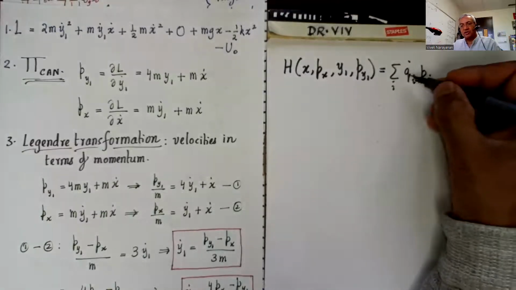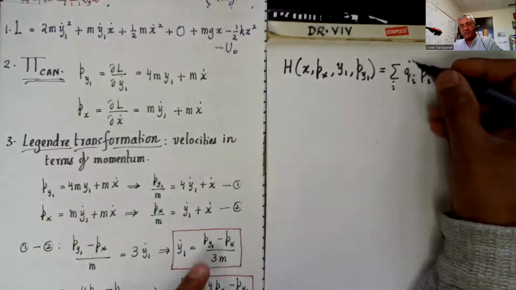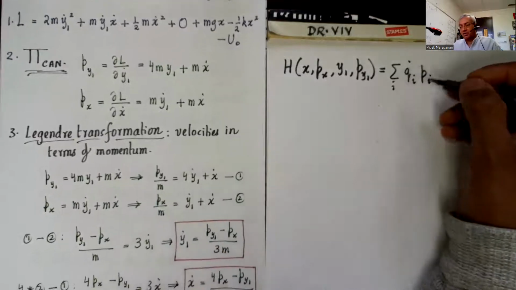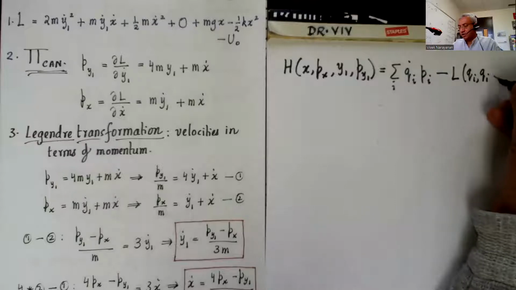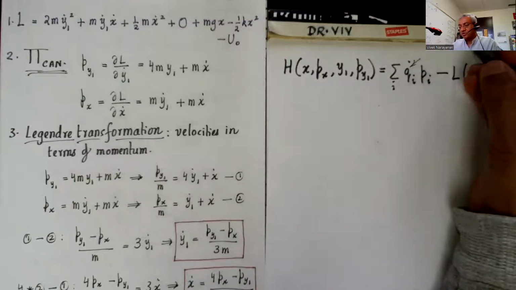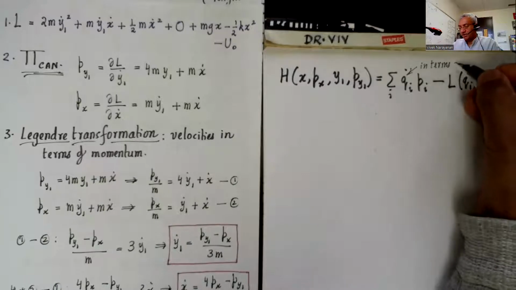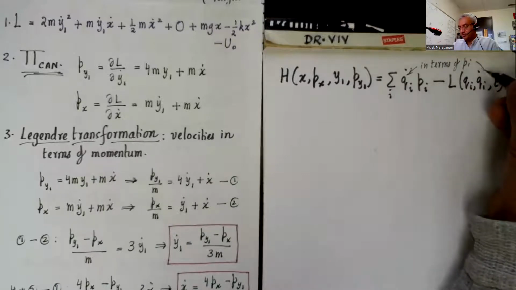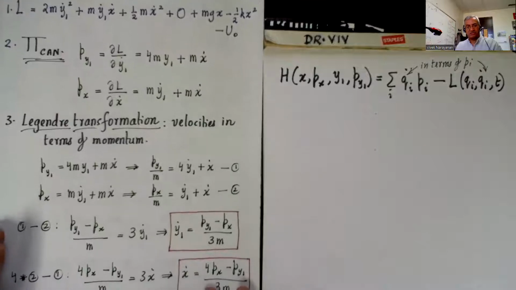So that's the canonical momentum corresponding to the coordinate qi, and qi dots are written in terms of pi's alone. Okay, minus a Lagrangian, which is a function of qi dot, possibly time, but qi dot written in terms of the pi in both places. So that's how the Hamiltonian is formed. Let us faithfully follow those instructions.